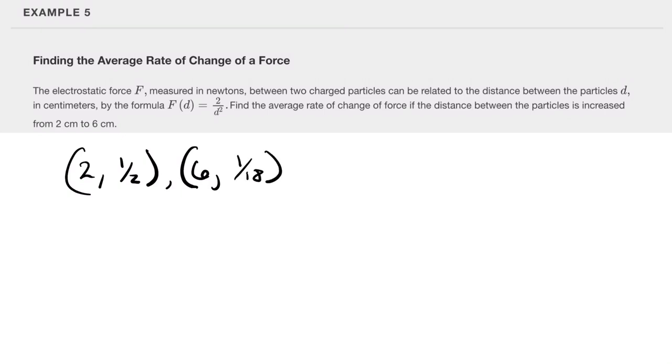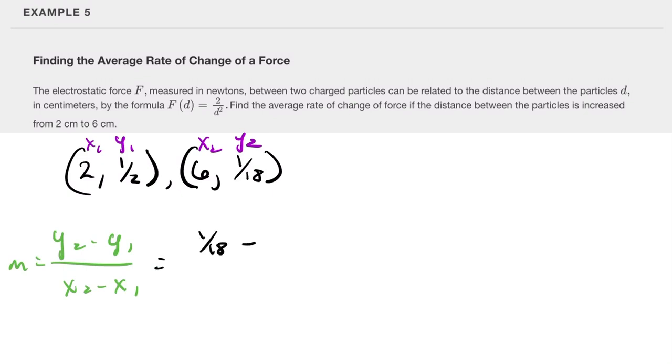So then it's kind of a repeat from here on, just different numbers. Let me see. X1, Y1, X2, Y2. So then it looks like it's 1 over 18 minus 1/2 over 6 minus 2.